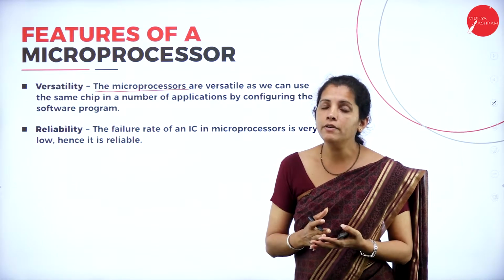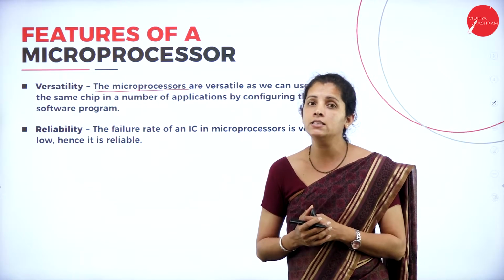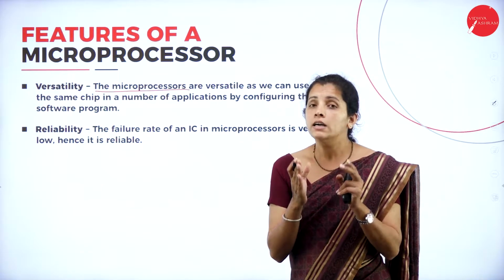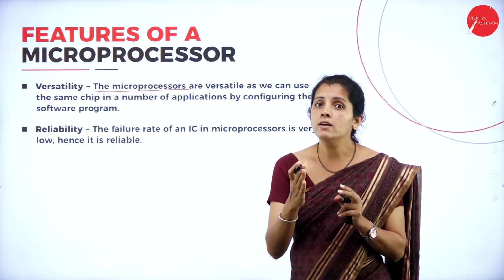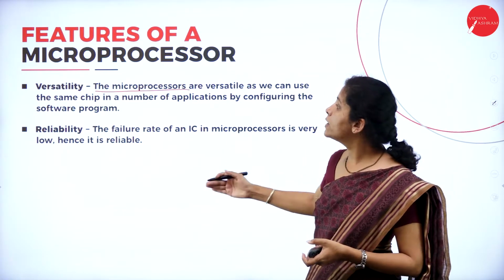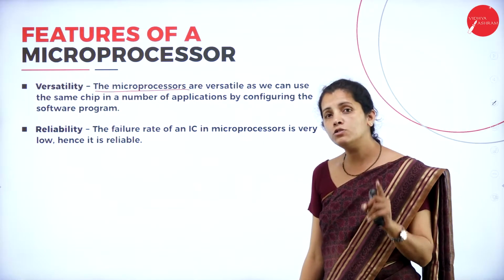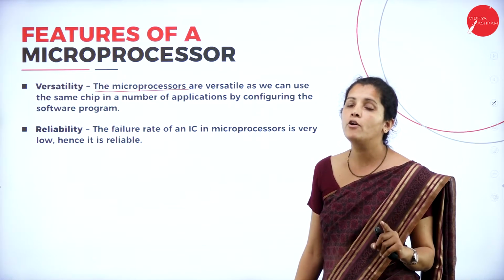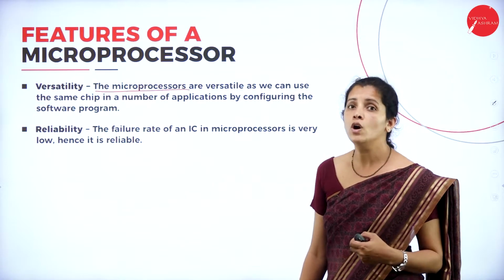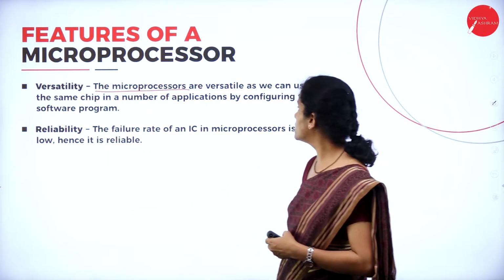Generally we say an actor is versatile, meaning one actor is performing different roles. Similarly, a microprocessor is also responsible for performing different kinds of roles. For that reason, it is called versatile.